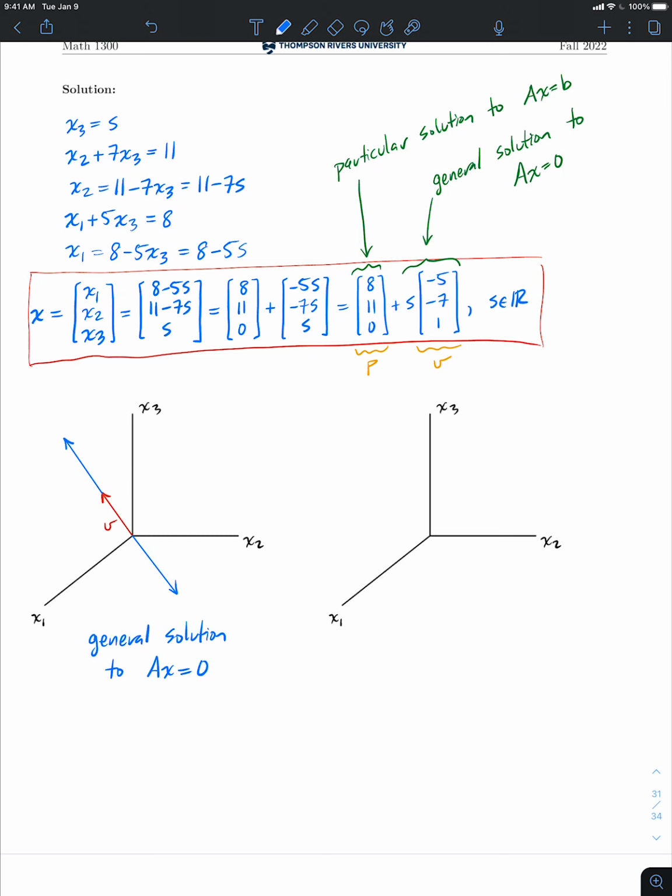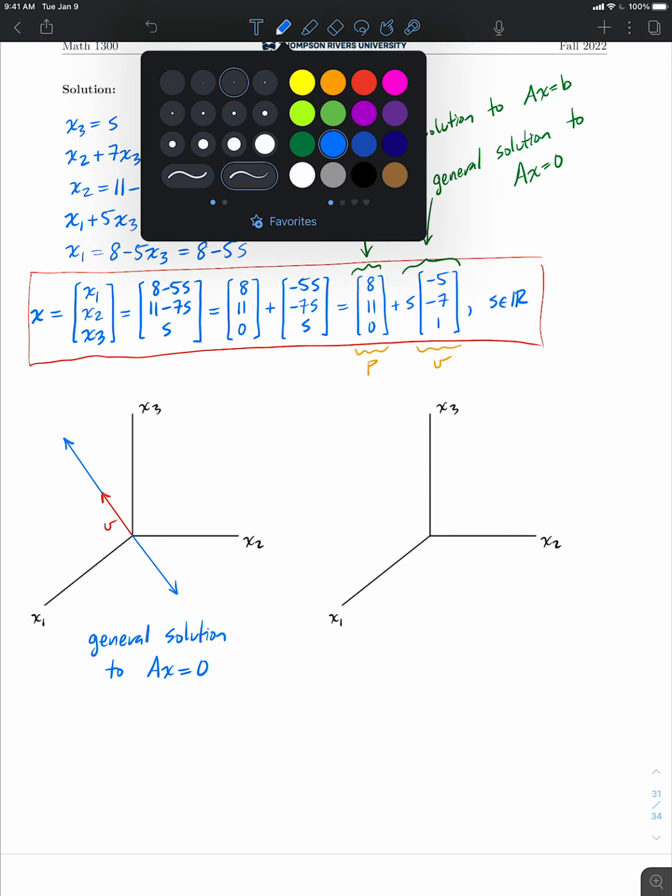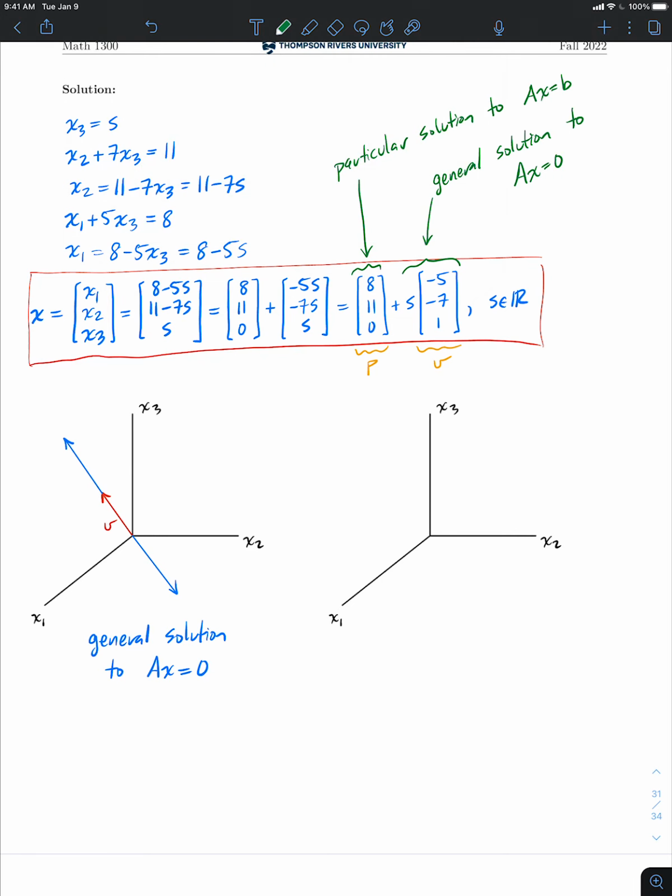Okay, but what about now the general? So that's if we just graph all of this and we completely ignore this vector p, this point 8, 11, 0. So what happens if we now factor this point p in? Well, what we want to do, and I'm just going to use a different color here, is draw the vector p as a position vector.